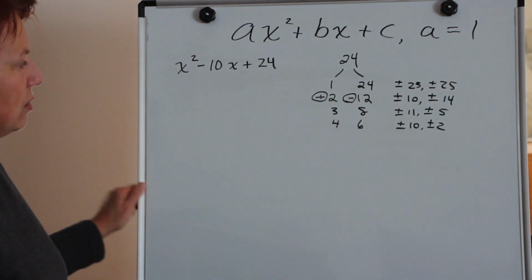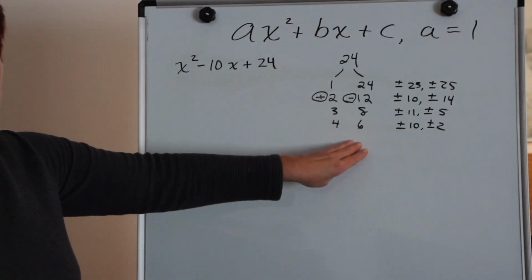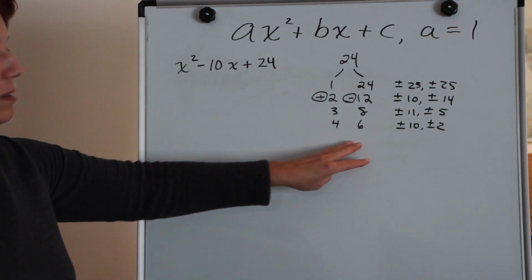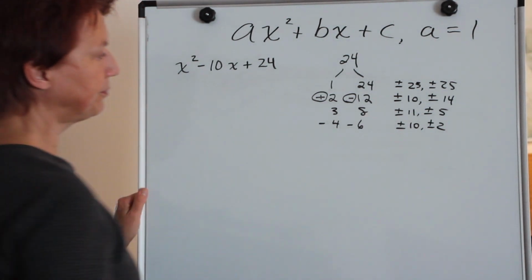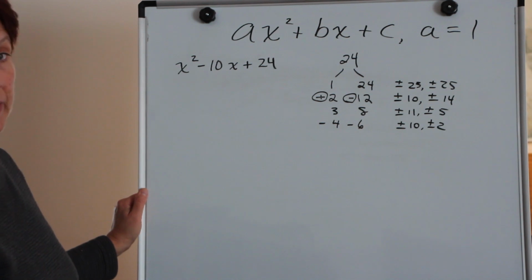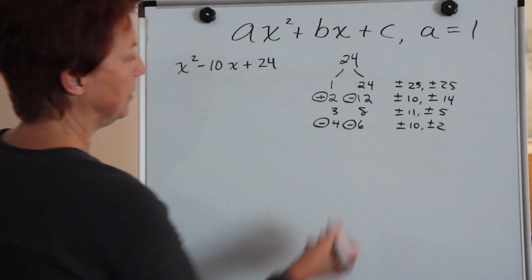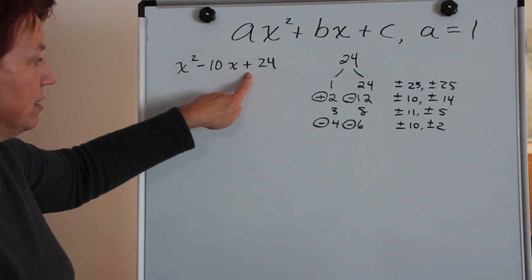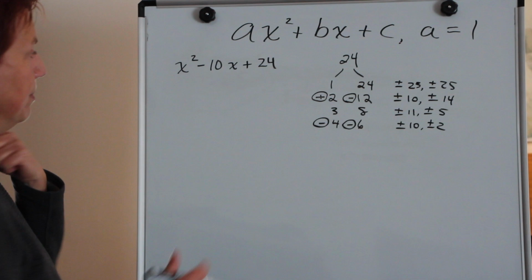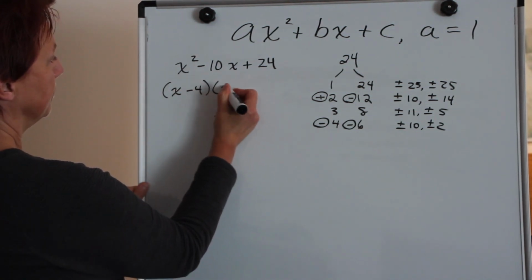Okay. So between the 4 and the 6, what signs do those two numbers have to have in order to get negative 10? Well, they both need to be negative, don't they? Okay, so now we do the sign test and we say, okay, what happens when I multiply those two signs? Do I get a plus? Yes, I do. So because of that, we know they're the right numbers and we just write out our factors.